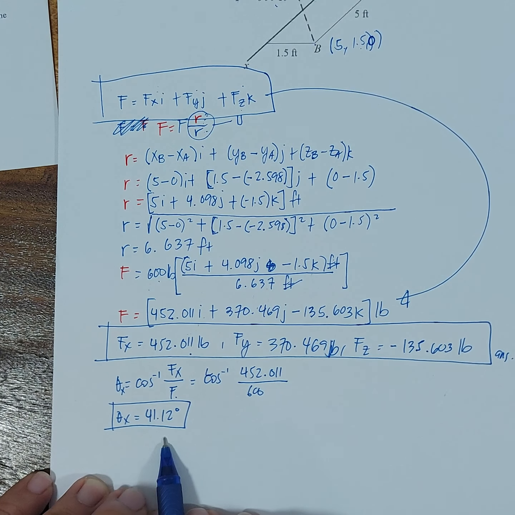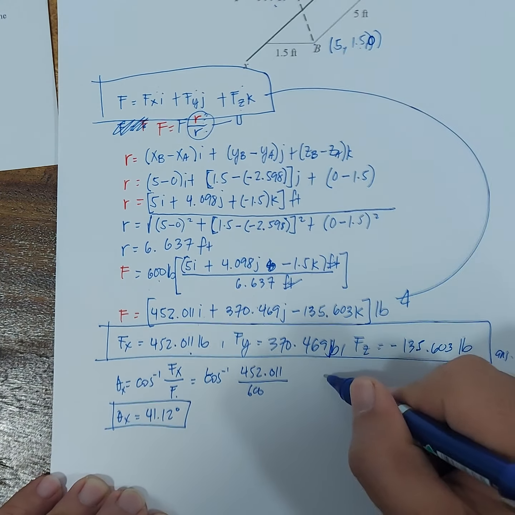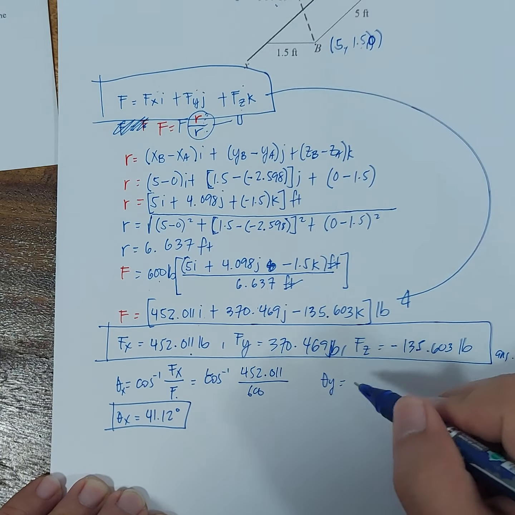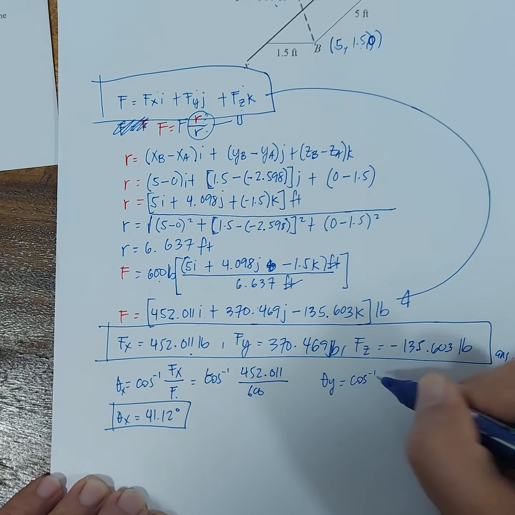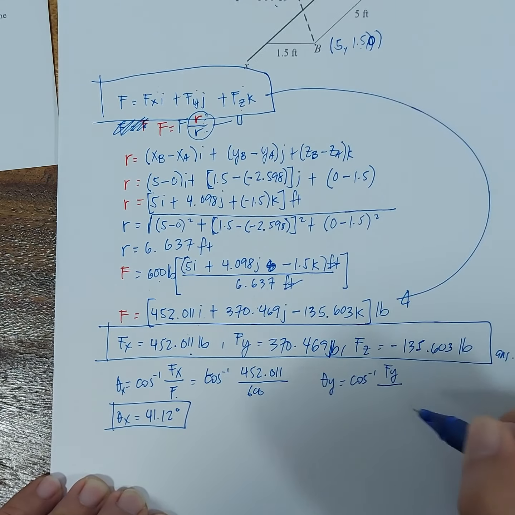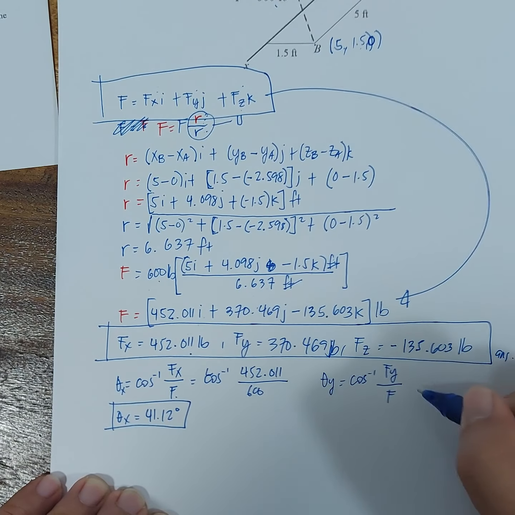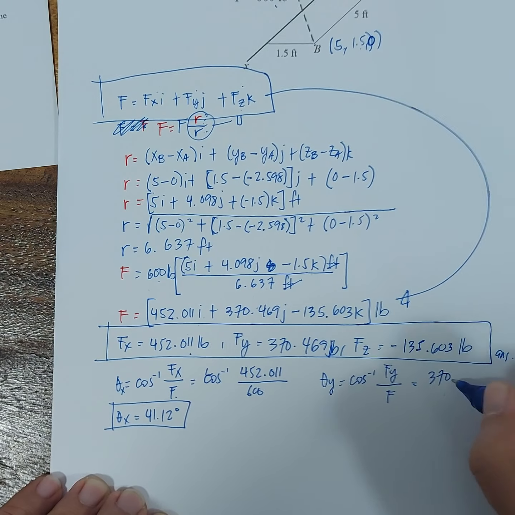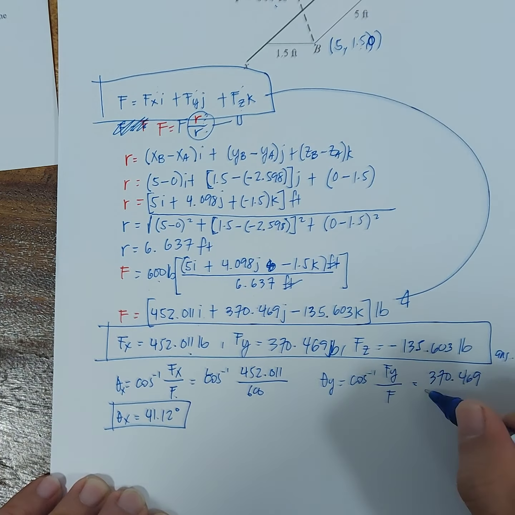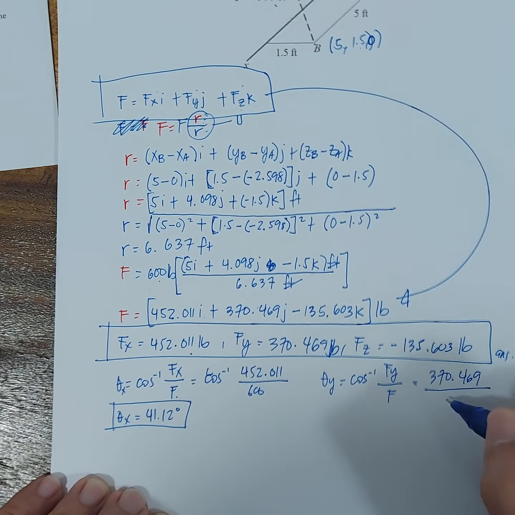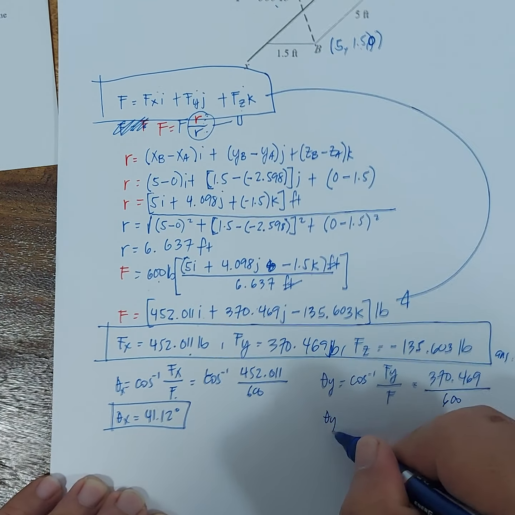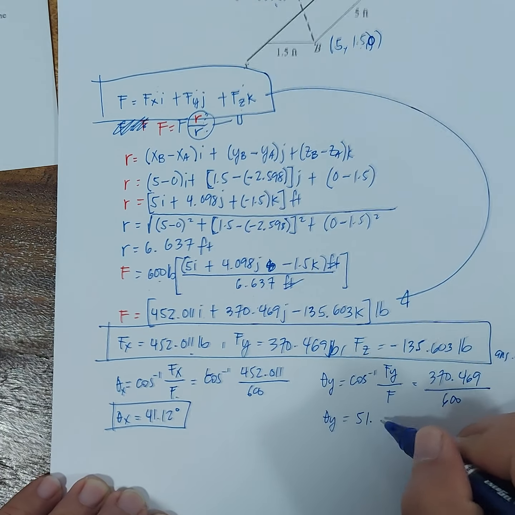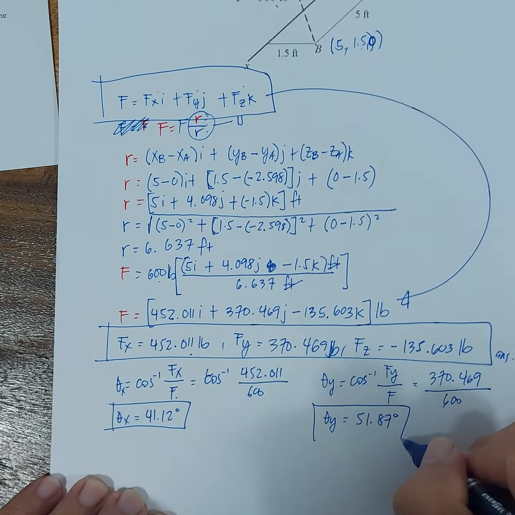Then theta y is equal to the arc cosine of Fy over F. So that's equivalent to 370.469 over 600. So theta y is equal to 51.87 degrees.